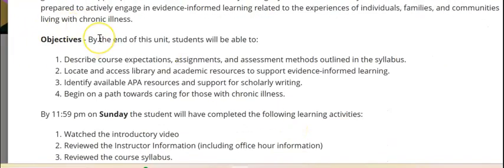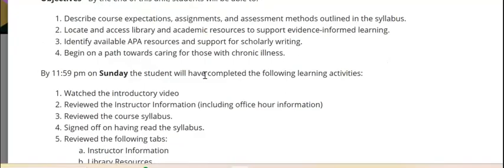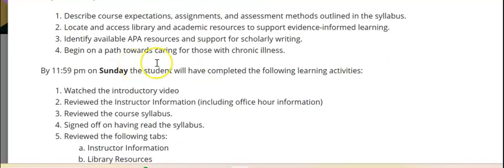So we have objectives every week. By the end of this brief week, you're going to be able to describe course expectations, identify some APA resources, look a little bit at our library and academic resources, and truly begin on a path towards caring for those with chronic illness.